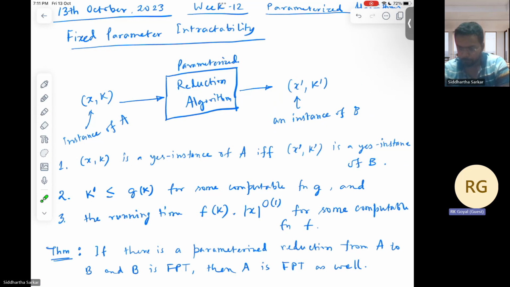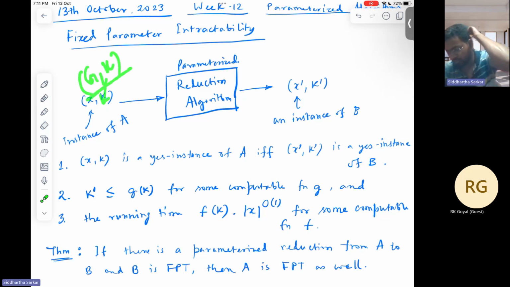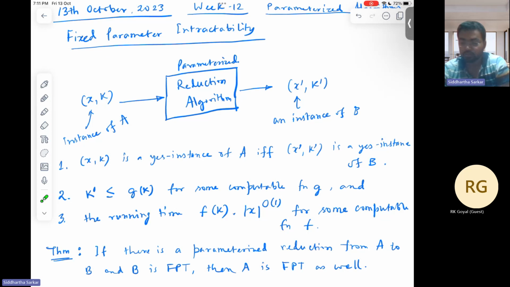And what is k here? The parameter of the parameterized question. In parameterized algorithms, we are only asking questions of this form: given a parameter k, whether a problem is solvable or not.